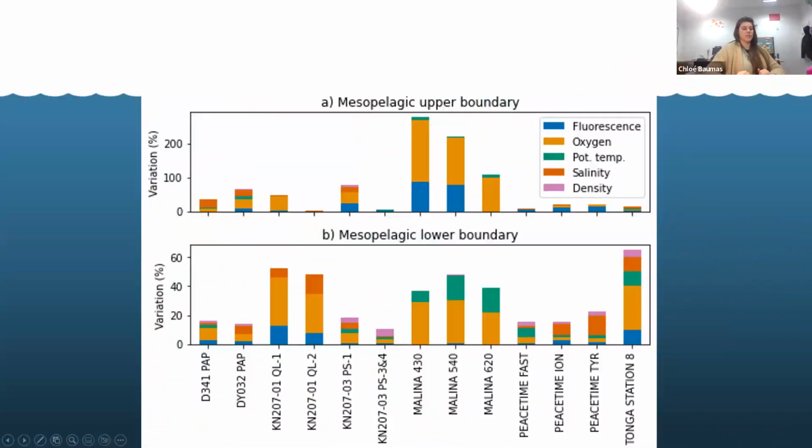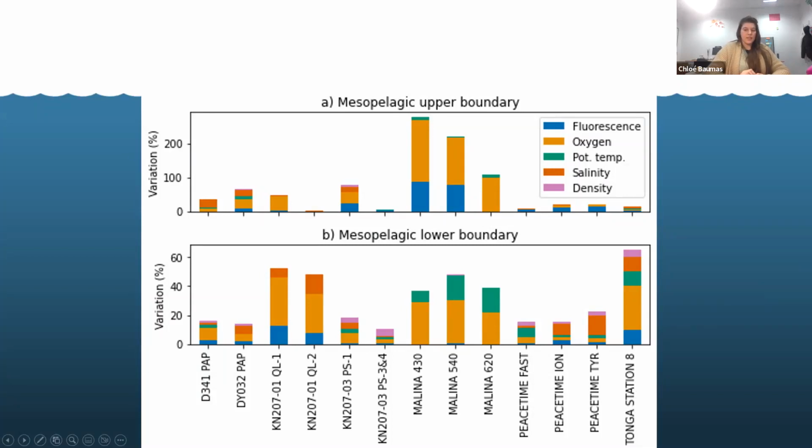So here you have a sensitivity analysis that we conducted to know which variables drive the upper and lower mesopelagic boundary estimation. This is in percentage of variation, in A for the upper boundary and in B for the lower boundary. Again, it's the same 13 stations, with the North Atlantic at the PAP site, West North Atlantic, Arctic, Mediterranean Sea, and South Pacific.